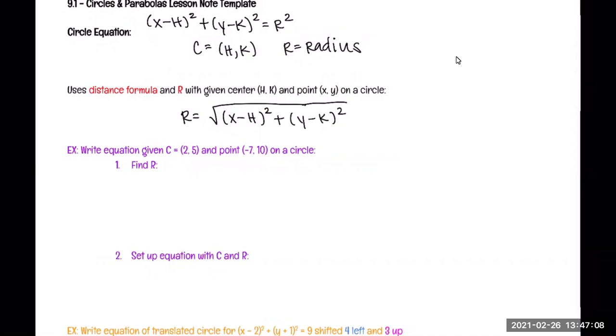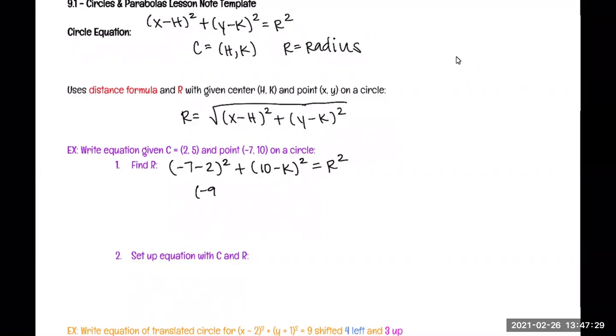So that you don't have to memorize both because they're exactly the same. I'm just going to be taking my regular standard equation. So it's (x minus h) squared plus (y minus k) squared equals r squared.